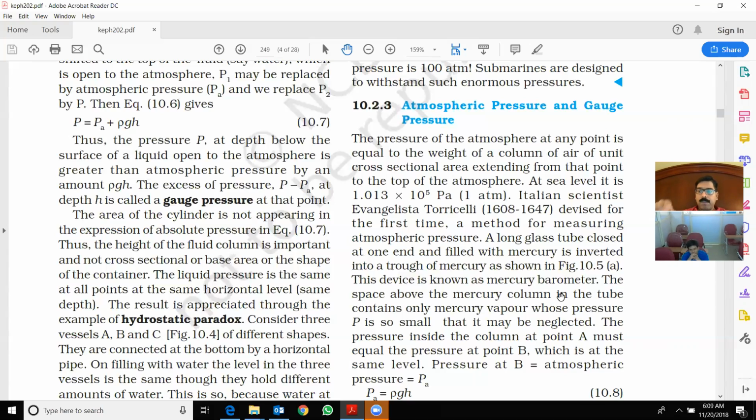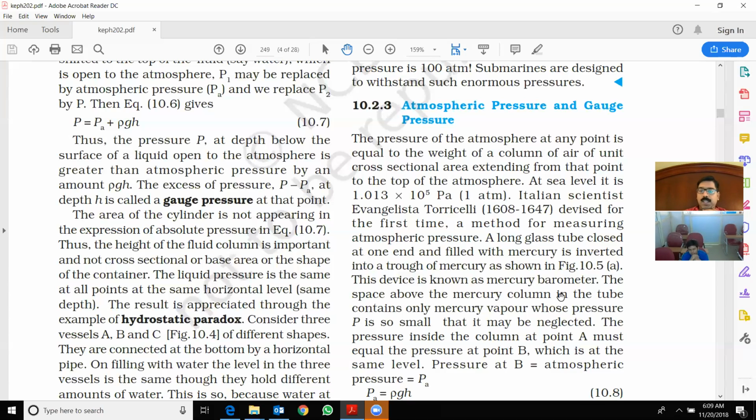Some mercury will go down into the larger pool, and then it will become stationary, it will reach an equilibrium state, and the height that is left in that tube, the height of mercury, is equal to the atmospheric pressure on the outer side.